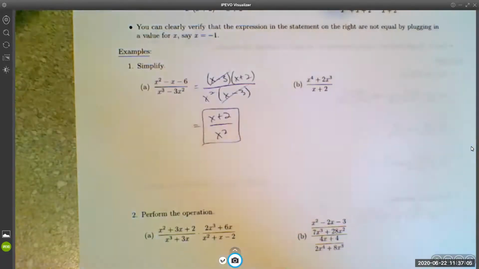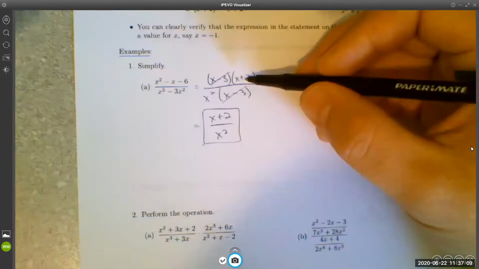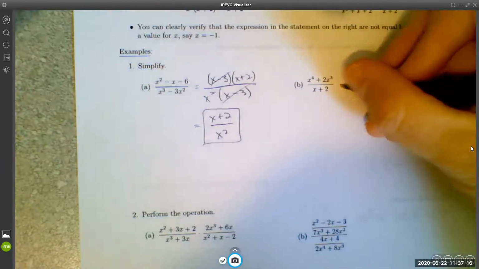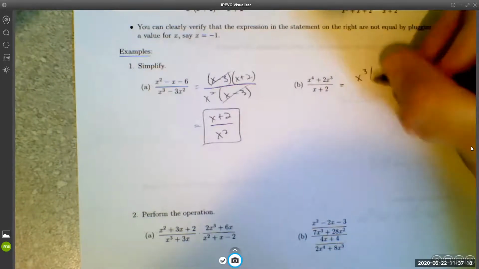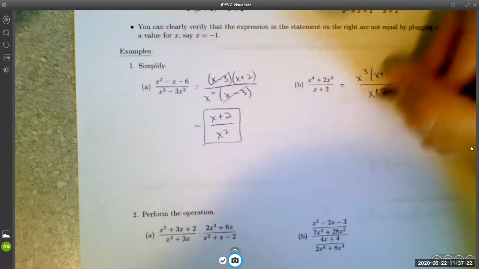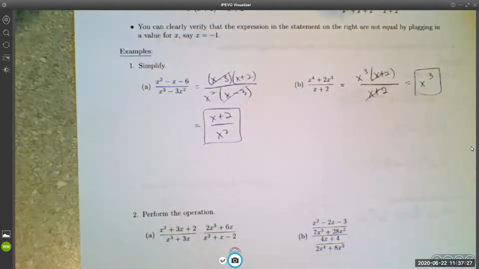So there's part A. I factored, and then I was able to cancel off a common factor. Part B, I think, is fairly similar to that. That's what you get on part B.